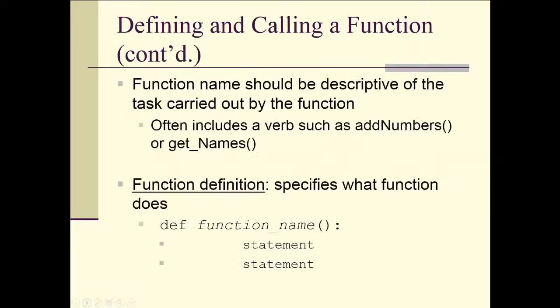Okay? All right. A function name should be descriptive of what you want it to do. For instance, just saying function doesn't really tell you anything. But let's say get name would tell you what that function is supposed to be, or add numbers.